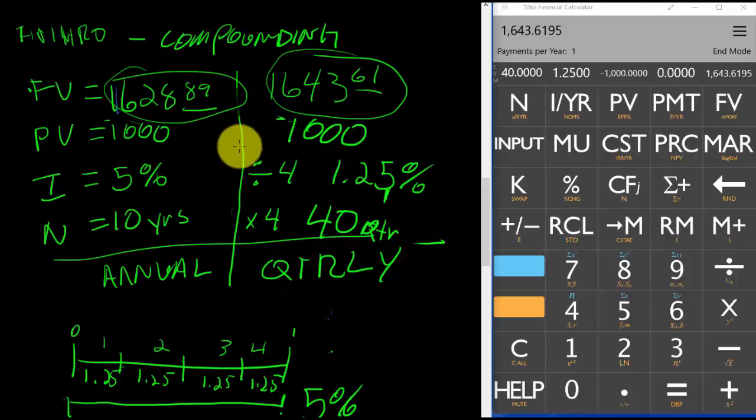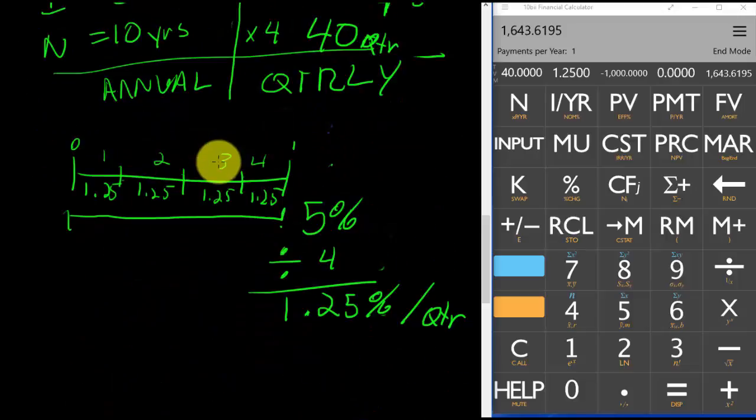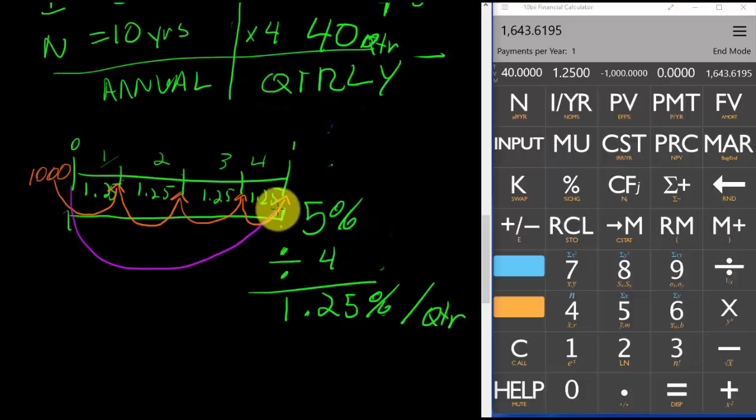Well, the reason is that I'm taking the principal, my $1,000, and I'm calculating it one time at 1.25. It's going to grow just a little bit. And then I'm going to calculate it again at 1.25. It's going to grow just a little bit more. And it's going to go over here and grow just a little bit more. And I'm going to run it again. It's going to grow just a little bit more. Instead of calculating it just once over the entire thing and having it grow just a little bit less.